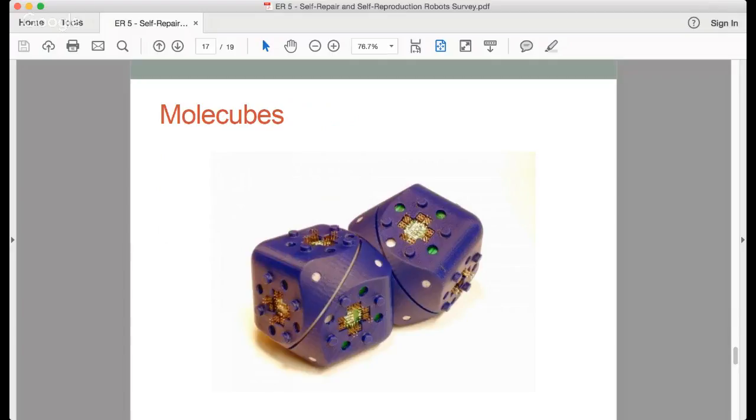I think we discussed Molecubes earlier in the meetup on self-reconfiguration and modularity, if I'm not mistaken. Molecubes are actuated modules equipped with electromagnets to selectively control the morphology of the robotic assembly.